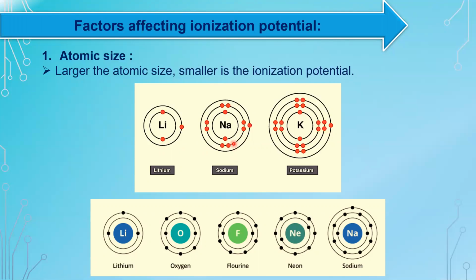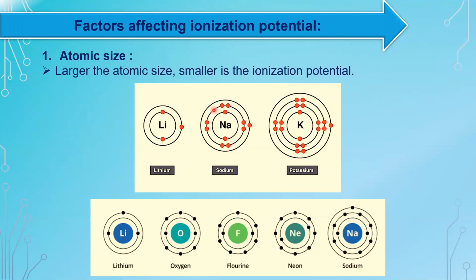This is as per Bohr's atomic model, the distribution of electrons in definite shells. Now you can see here, from lithium to sodium, the number of shells has increased. Then when we move to potassium, one more shell is added.